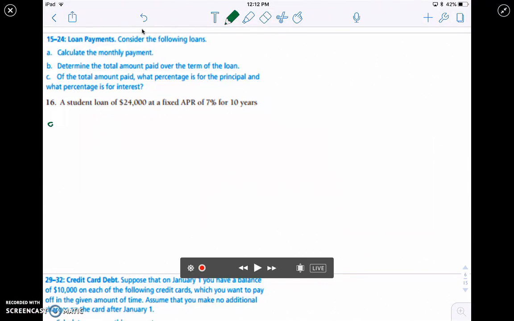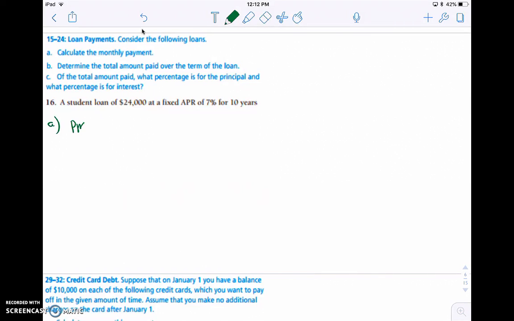So on part A, again, we're going to find the payment, which is $24,000 times our APR, and we wanted to find a monthly payment, so that's going to be over 12 months, divided by 1 minus, then 1 plus the 0.07 over 12 again.